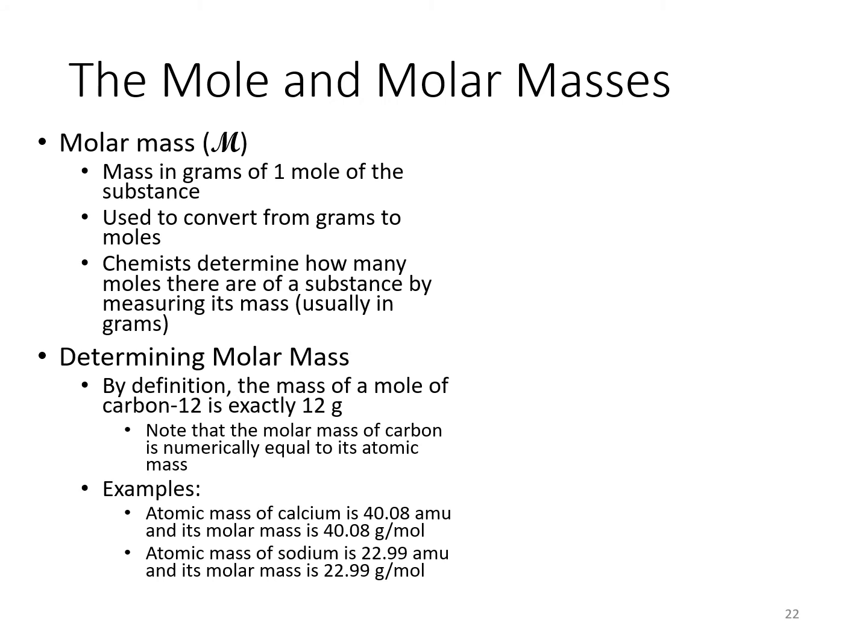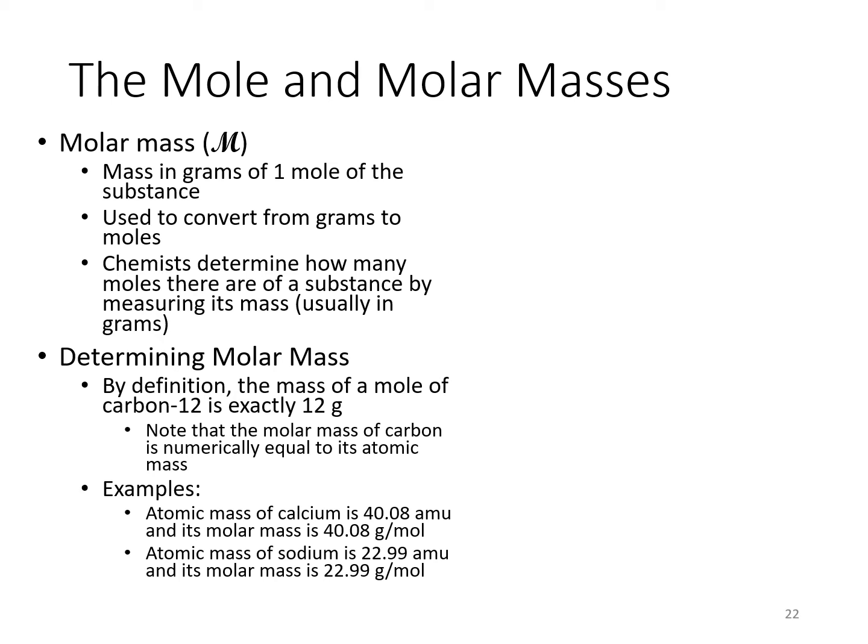So determining the molar mass, by definition, the mass of a mole of carbon-12 is exactly 12 grams. Again, carbon-12 is a particular isotope. If you look at the periodic table, you'll see the atomic mass of carbon is 12.01. But again, remember that was because about 1% of naturally occurring carbon is carbon-13.